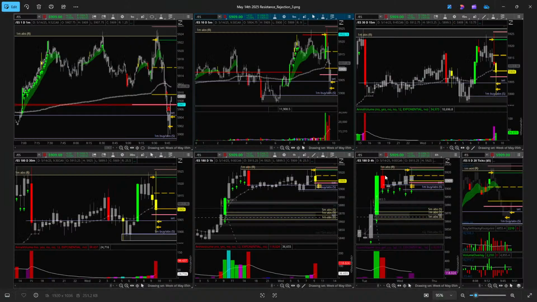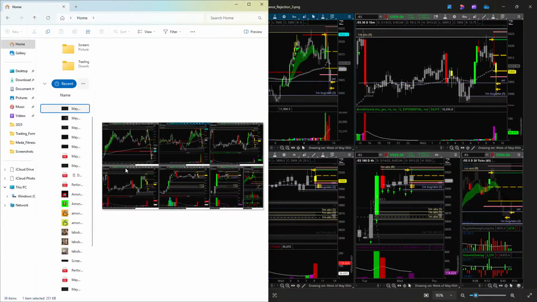Now as far as risk and everything like that, it looks like the stop loss was 5926, so about 4 points.